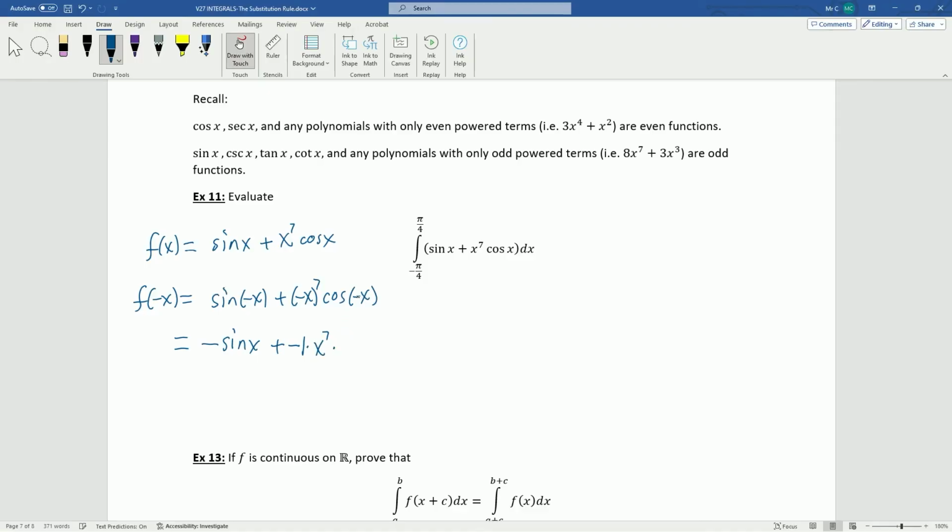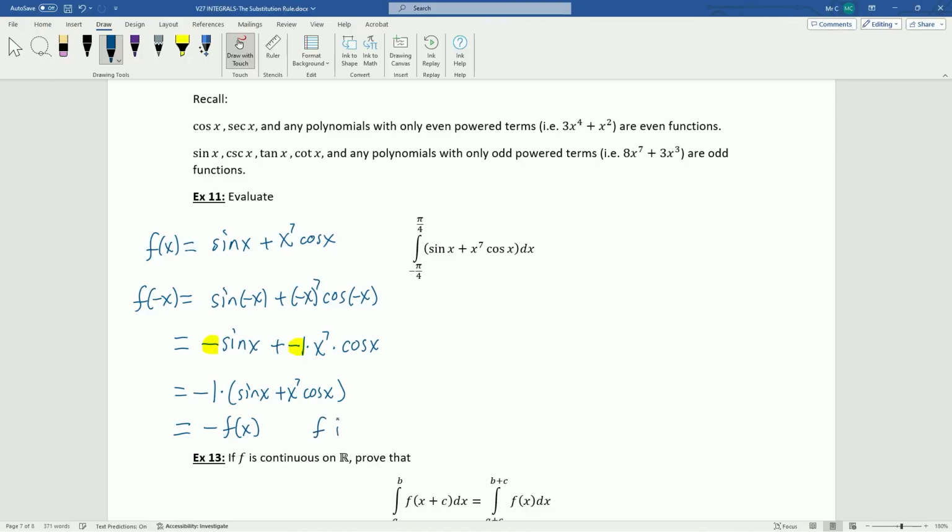But cosine of x is even, so cosine of negative x is the same thing as just cosine of x. And finally, I have a negative in front of both of these terms, so I can factor that out and make it negative 1 times, parentheses, sine of x plus x to the 7th cosine of x. But that's the same thing as the negative of my original function, negative 1 times f of x.